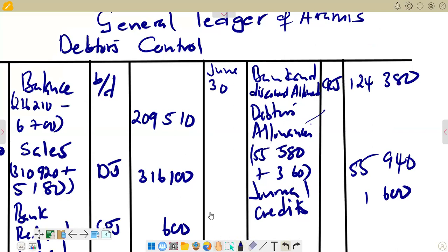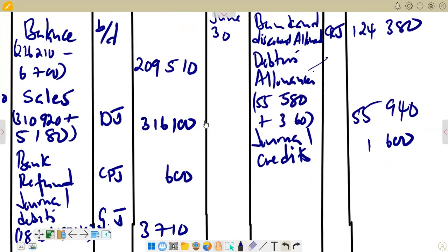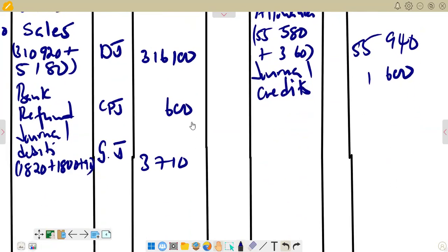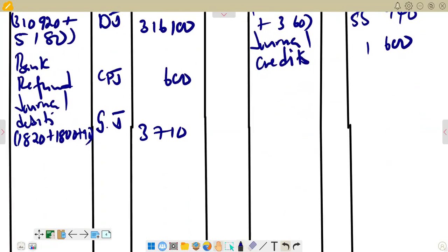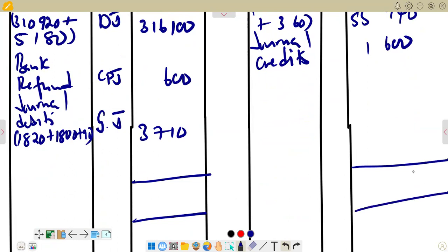So if you come here now, what you're supposed to do is to balance the account. So you are supposed to put your double lines. Start putting your double lines, and obviously you now add the total of the debit and the total of the credit, compare which is the greater total, and put it in between the double lines on both sides.